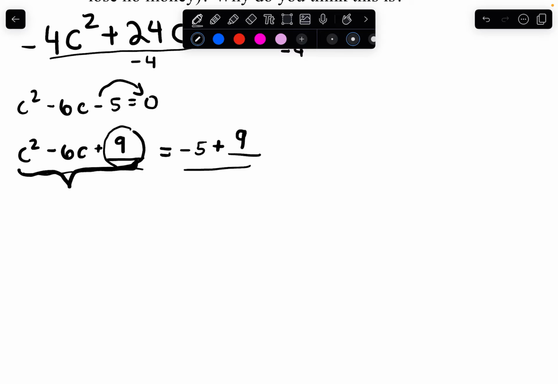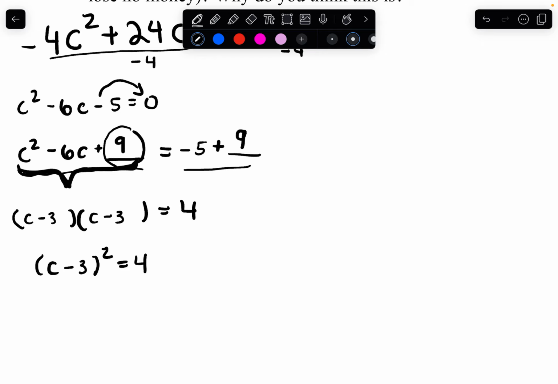What we just created here is a perfect square trinomial. And the factored form of it, so two numbers that multiply together to give us 9, but also add up to negative 6, are c minus 3 and c minus 3, or c minus 3 squared.